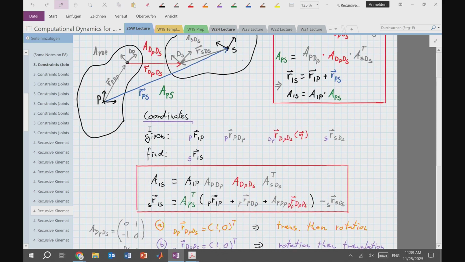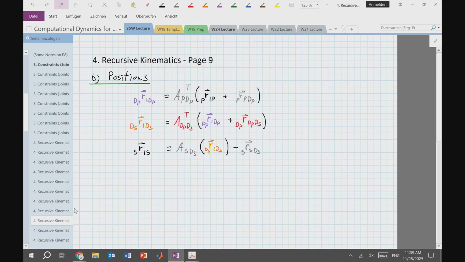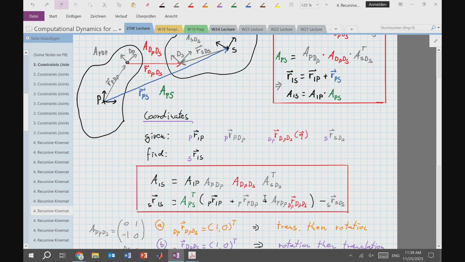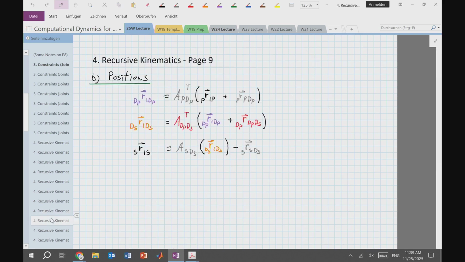Questions? No? We left off with positions, right? And we derived these equations here in closed form. It's pretty straightforward. The only thing that we have to take care of is that there are certain transformations, because things are always expressed in local body fixed coordinate systems.